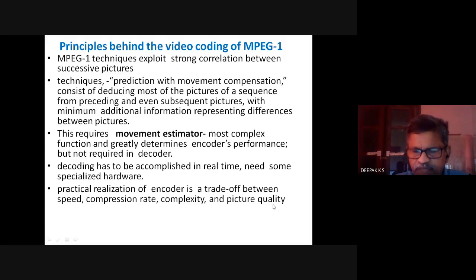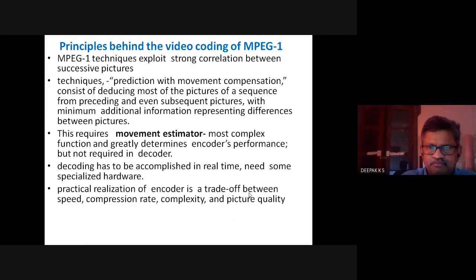You can trade off between these metrics and have different parameters, and you can have a practical encoder. So all these things are factors, and there is a proper trade-off between them. You have MPEG 1, 2, MPEG 4, etc.